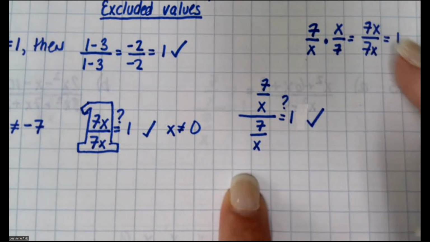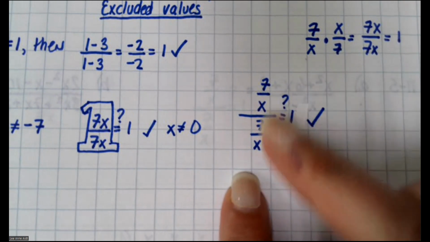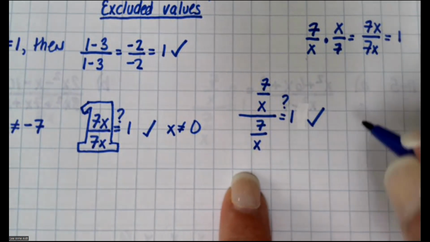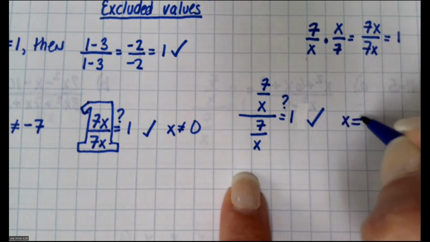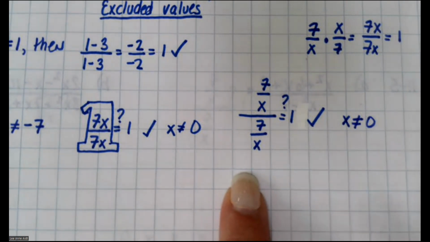Okay, keep, change, flip shows that that is 1. And what can x not equal in this problem? 0. It would cause a problem in the top fraction, and it would cause a problem in the bottom fraction both.